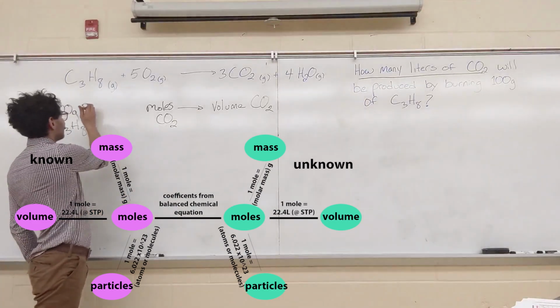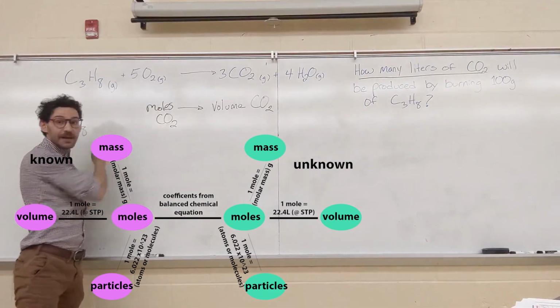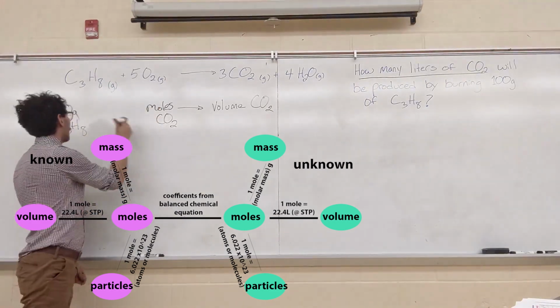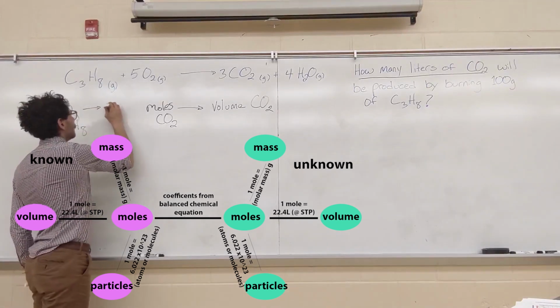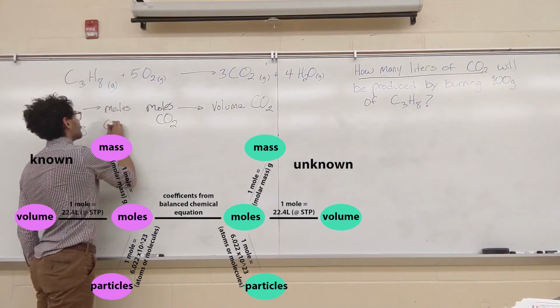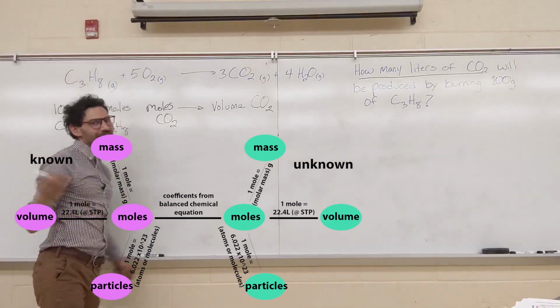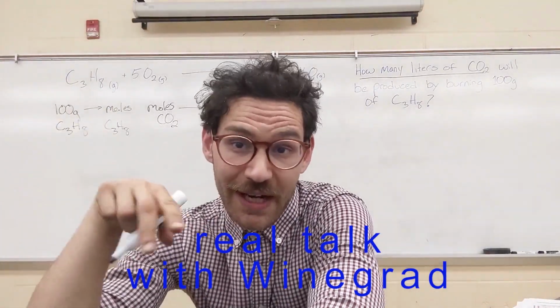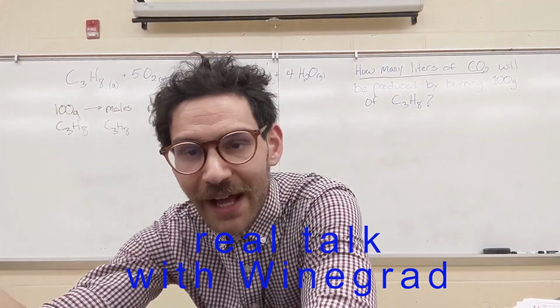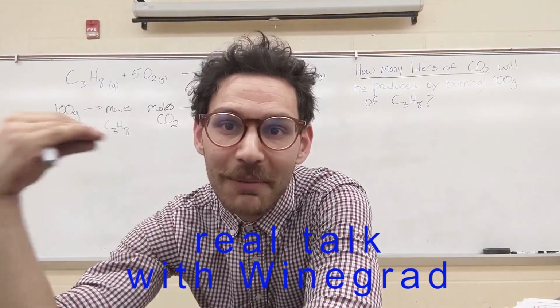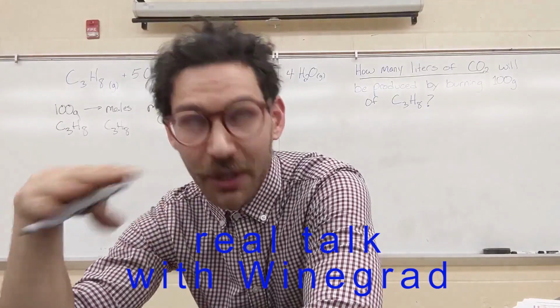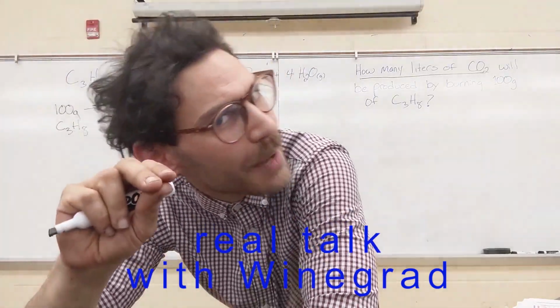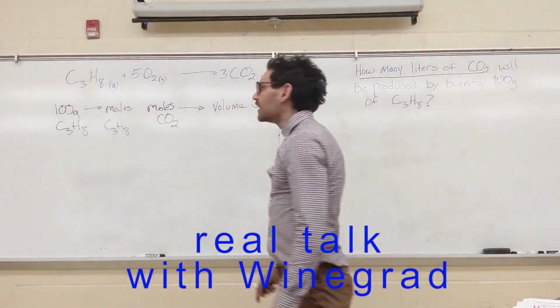I can't go directly from my grams of C3H8, propane, to CO2. I first have to convert this to moles of C3H8, and that's, dudes, real talk. You're pretty much always going to have to convert to moles. So if you're given a value and it's not in moles, you pretty much are always, not always, but 99% of the time, going to want to convert that to moles.